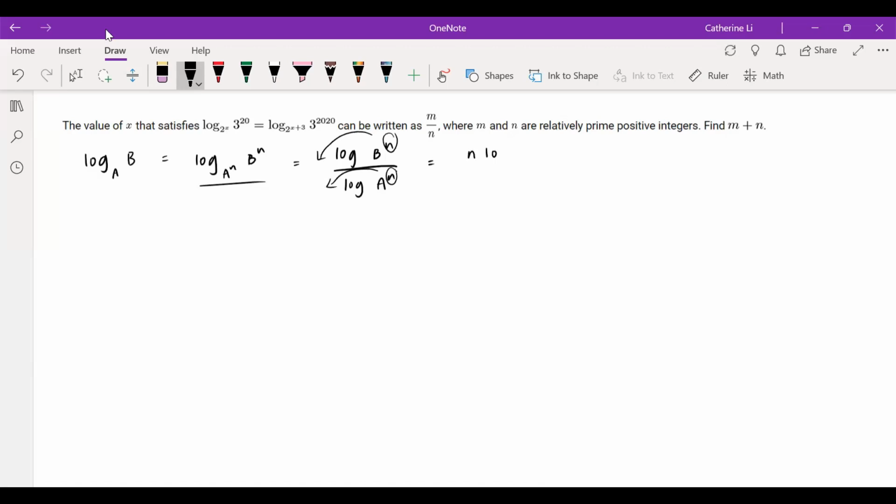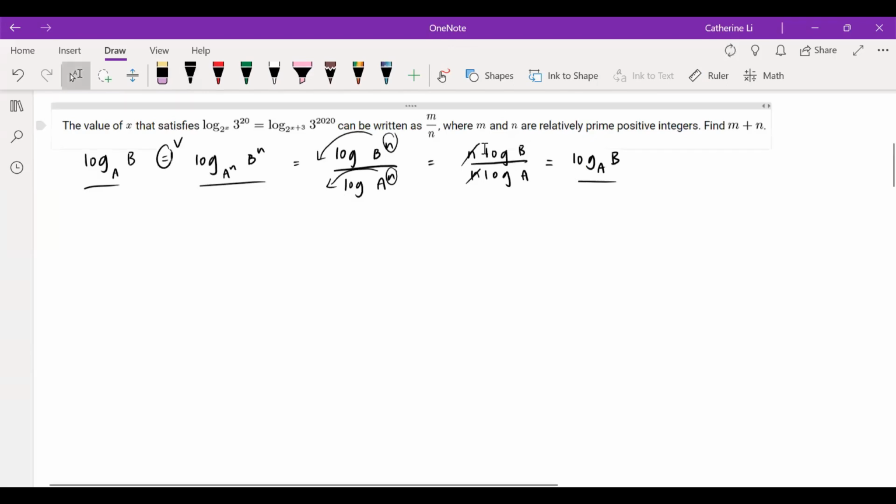So this is equal to n log b over n log a. And then we cancel out the n's. So we're left with log b over log a. And then using change of base, but reversed, this is equal to log base a of b, which is what we wanted. So this is true.